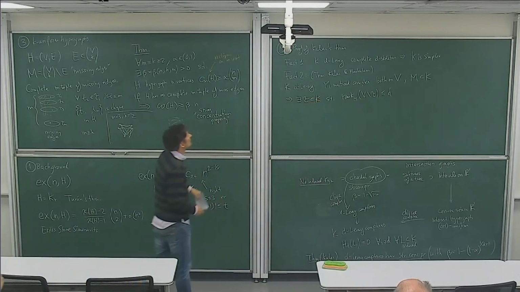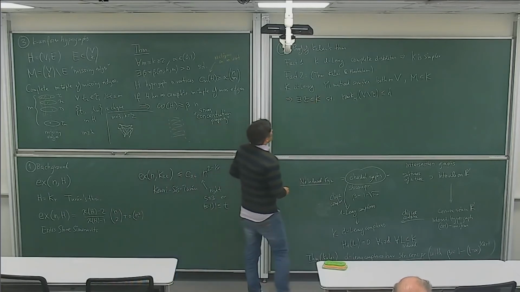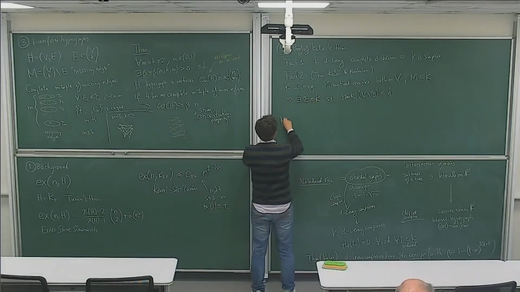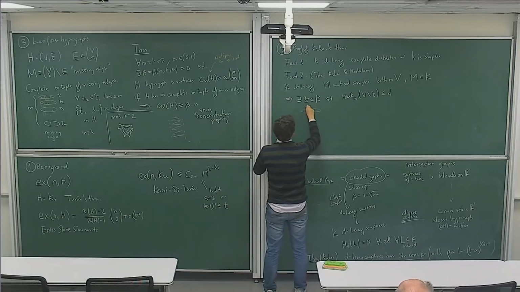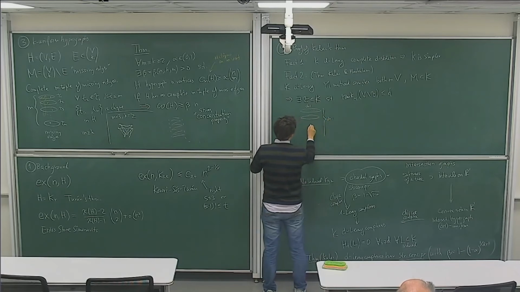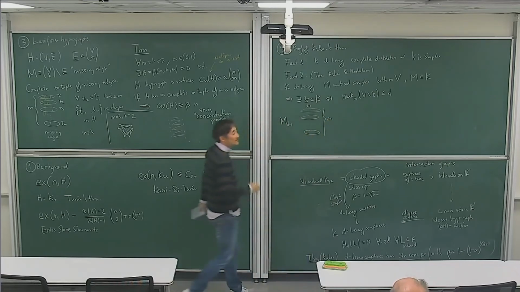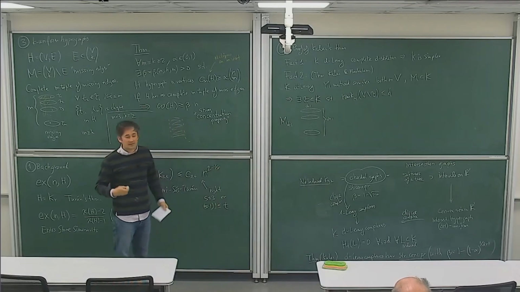Okay? A special case is the following matroid complex, M_{D+1}. So you take D plus 1. So there are D plus 1 vertices here. You take D plus 1, so D plus 1 squared vertices. All right?